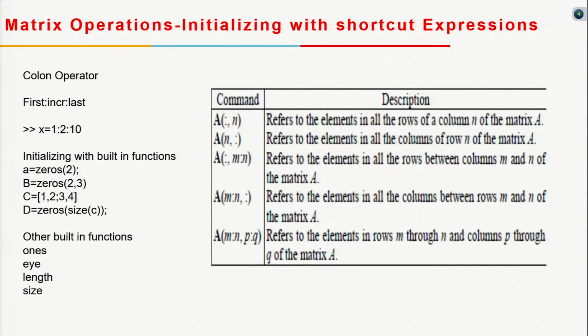Now let us move to an interesting operator in MATLAB which is called a colon operator. The colon operator is used to increment. It is called an increment or a decrement operator. What does it mean?